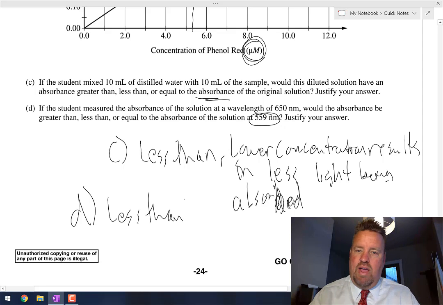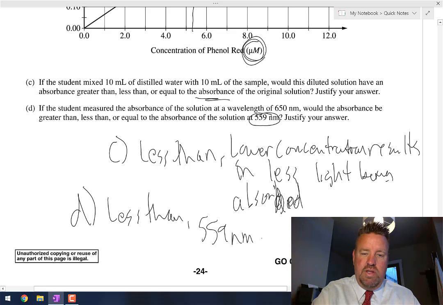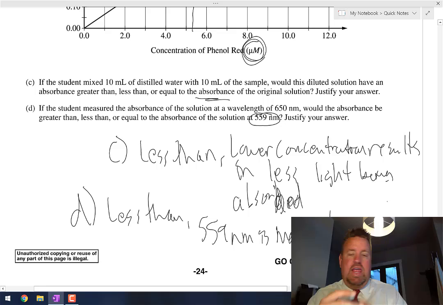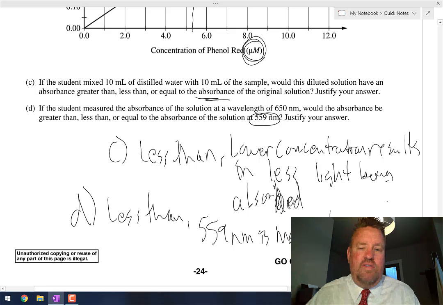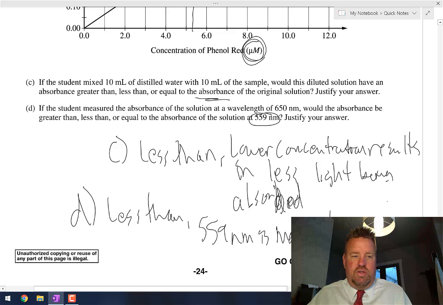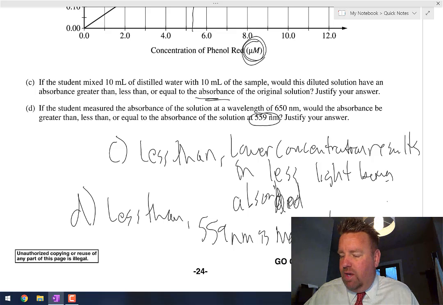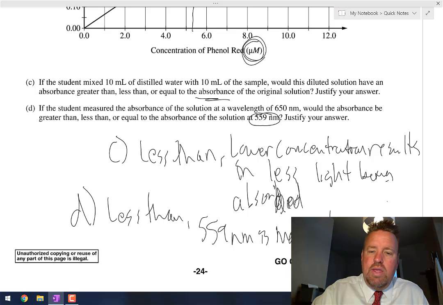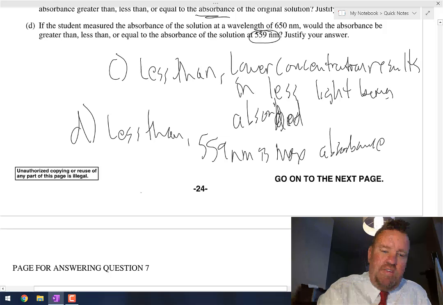You would simply have to justify that by saying 559 nanometers is the maximum absorbance, and any wavelength other than 559 is going to result in less of that light being absorbed. Okay, and that is a 4-point response.